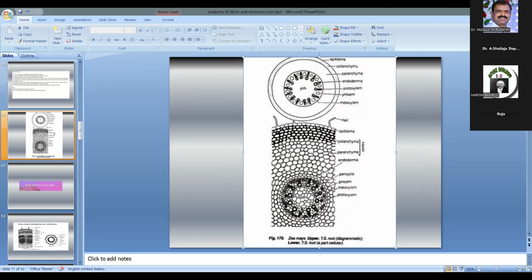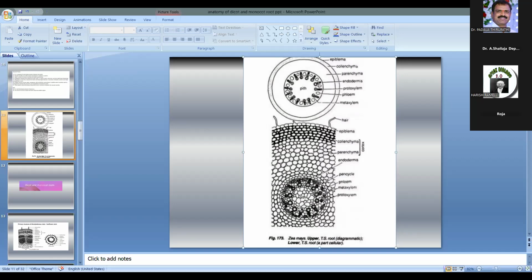Coming to the respiratory roots, we observe them in mangrove plants, roots concerned with respiration, so those are called respiratory roots. Plant species like mangroves which grow in saline marshy soils suffer from lack of oxygen, as these soils are completely waterlogged, and under these conditions these plants produce special aerial branches from the roots. These roots bear small pores which help in gaseous exchange.